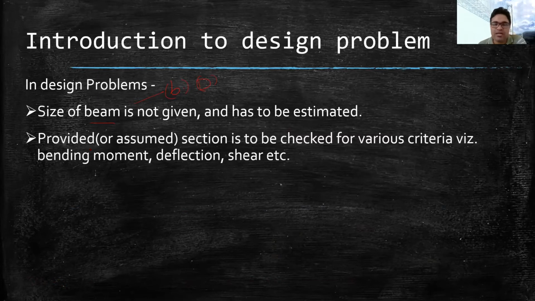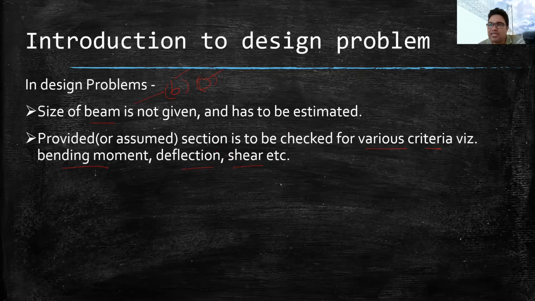In this, the provided or assumed section is to be checked for various criteria. So what we do is, as size is not given, first we assume that size for B and D, and then after assuming the size, we check that assumed section for various criteria such as the bending moment problem, for the deflection, for the shear criteria, because these are the modes of failure under which a beam can fail.